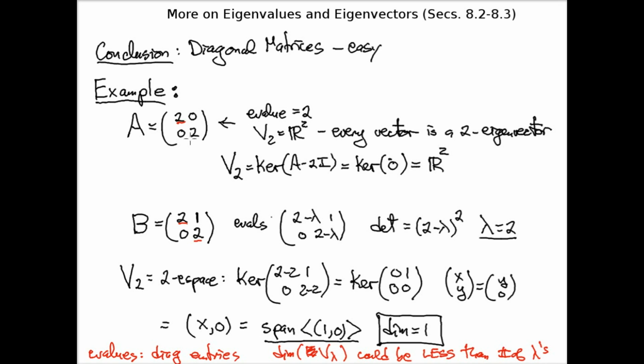Here there were 2 lambdas on the diagonal, and the dimension of this vector space was 2. Here there are 2 lambdas on the diagonal, but here the dimension is only 1.